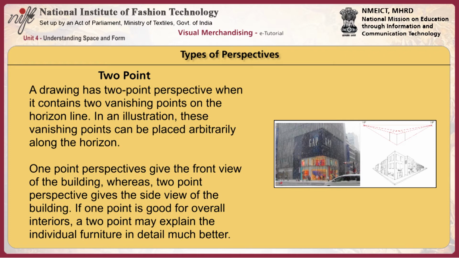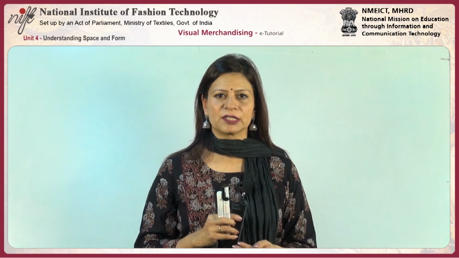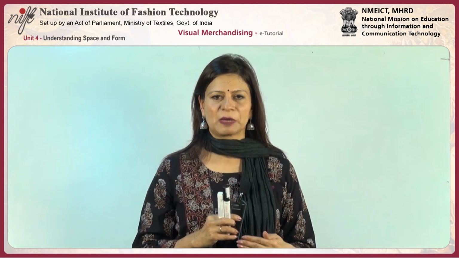One-point perspectives give the front view of the building, whereas two-point perspectives give the side view of the building. If one point is good for overall interiors, a two-point may explain the individual furniture in detail and in a much better way. So let us try to understand the two-point perspective.